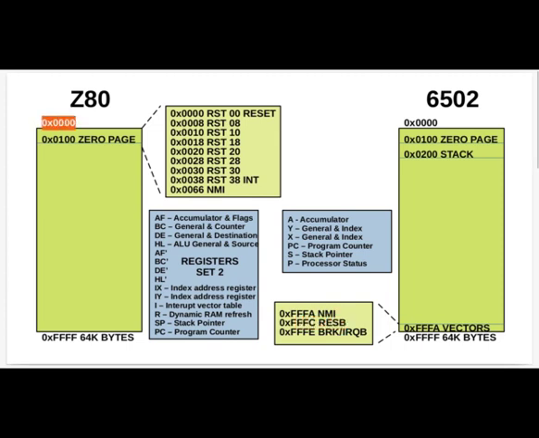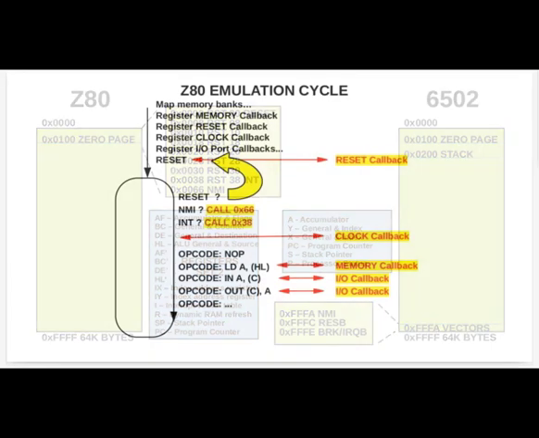Whereas on the Z80, it always starts execution at address 0. And then it doubles up as a software interrupt and the maskable interrupt vector. So you don't have 3 modes of interrupt features on 6502. You only have the one fixed mode of feature, and they both have 64K of addressable memory space.